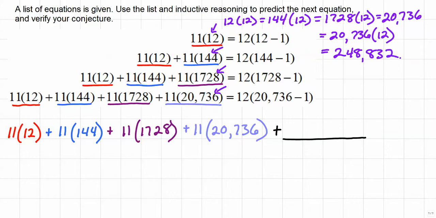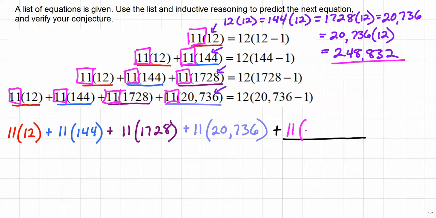So since the 11 continues to occur in every single term, and I don't need to highlight every one of them, it follows logically that 11 will occur in the next term in this new statement that I'm creating. So I'll have 11 and I will multiply that by my new value of 248,832.